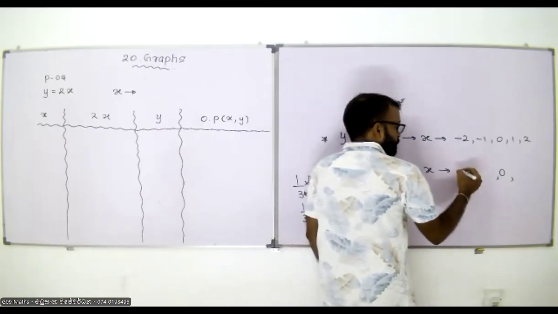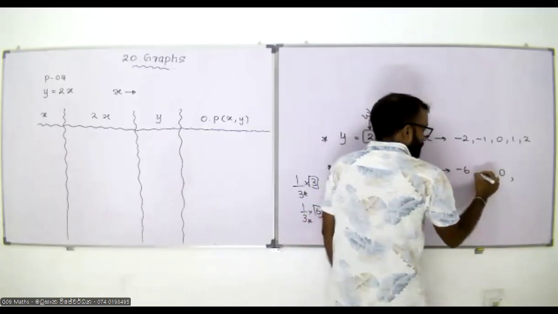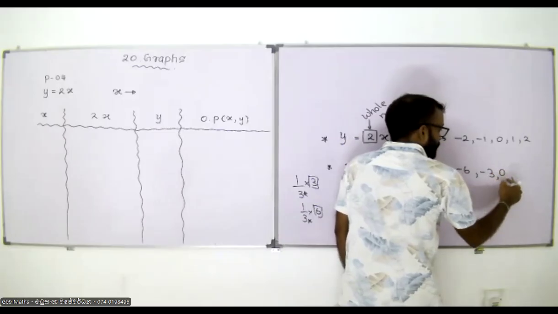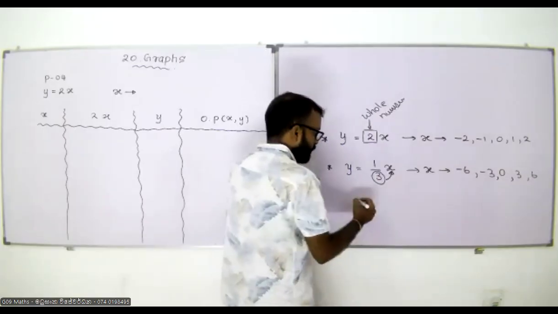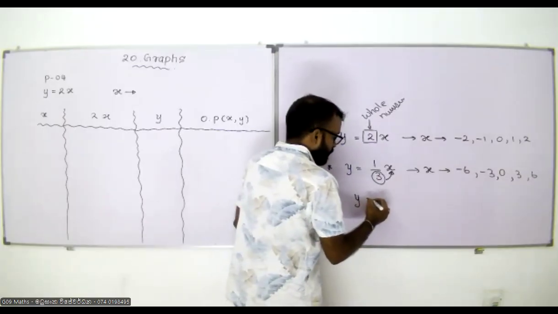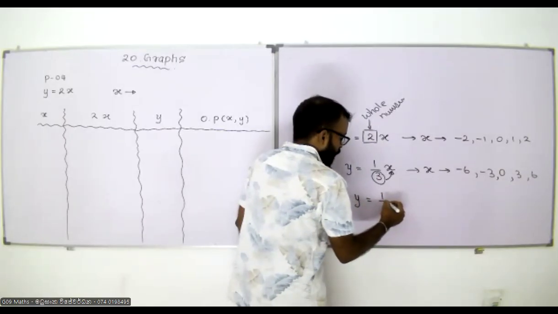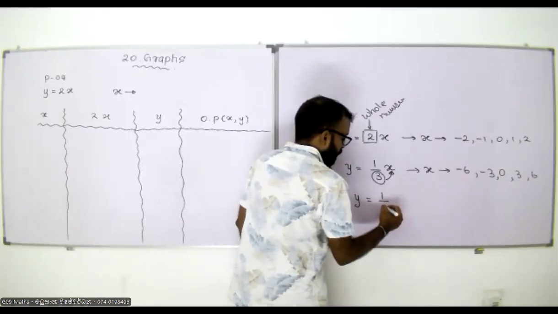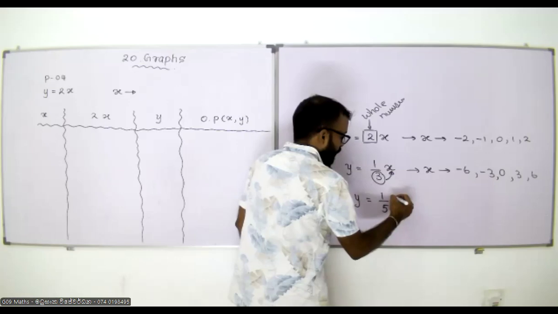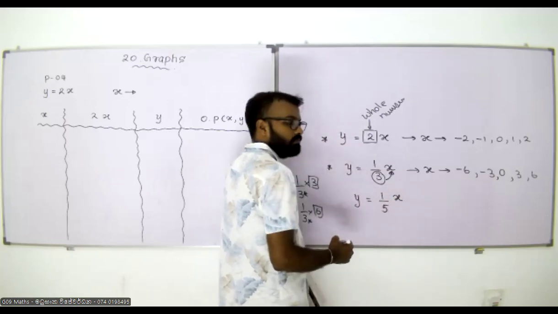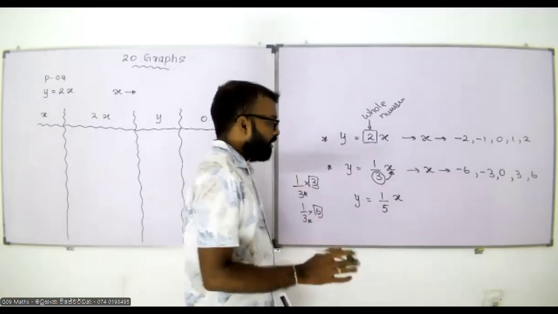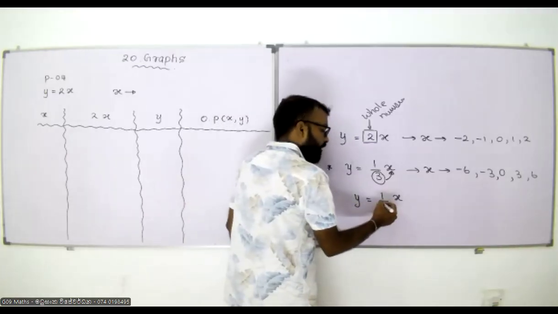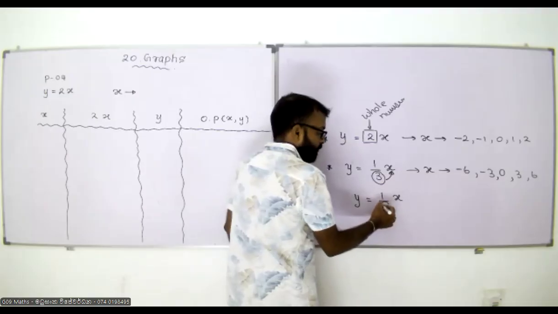So I will choose -6, -3, then 0, +3, +6. Let me take another example: y equals 1/5 x. Whatever it is, in the denominator you have 5.